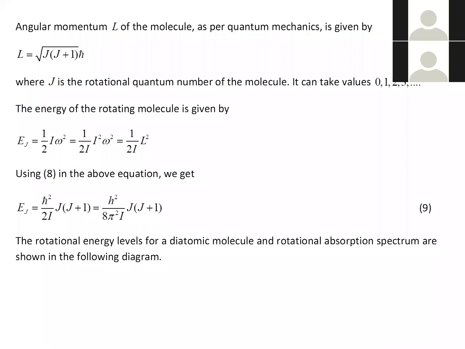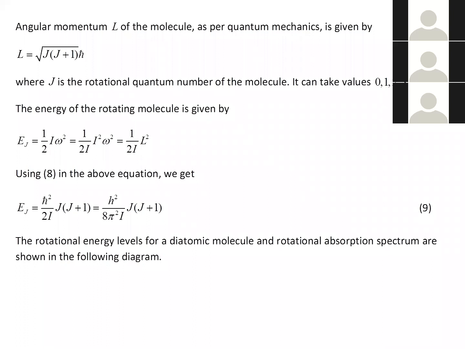I take that and put it into L square by 2I. 1 by 2I stays the same. L square means square root of J into J plus 1 H cross whole squared, so the square root cancels and J into J plus 1 remains. H cross is outside the square root, so it becomes H cross square. So therefore EJ becomes equal to H cross square divided by 2I J into J plus 1.